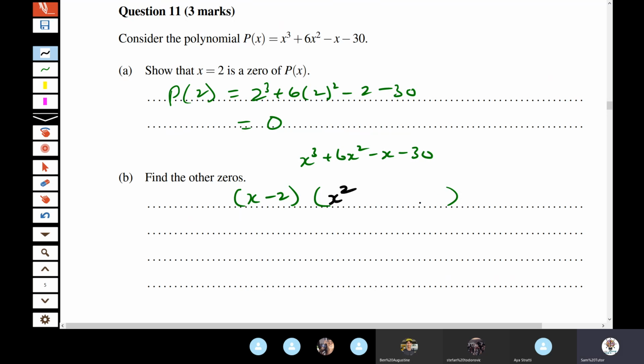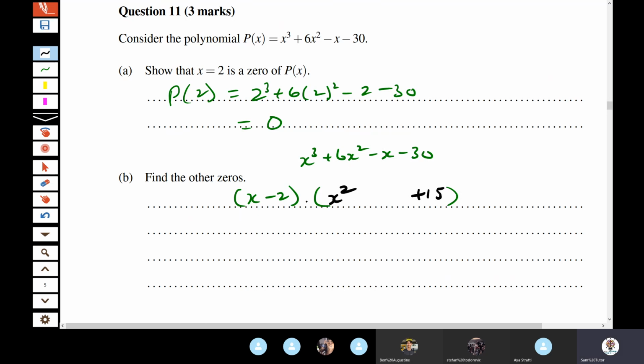X multiplied by minus 2 multiplied by something to get you negative 30. Because the only way you're going to get x cubed and negative 30 is by x multiplied by the first term and then negative 2 multiplied by the last term. That's the only way you're going to ever get these two.